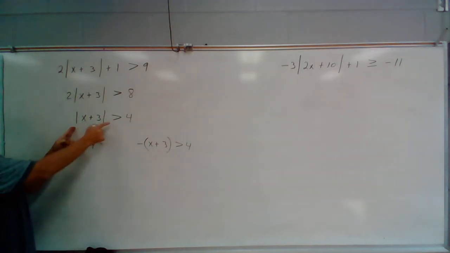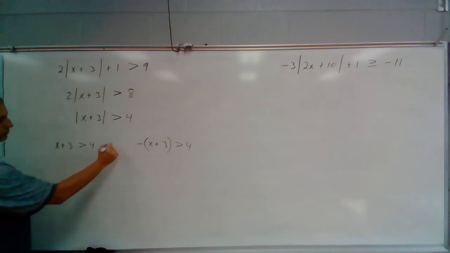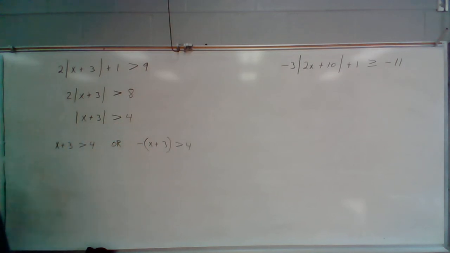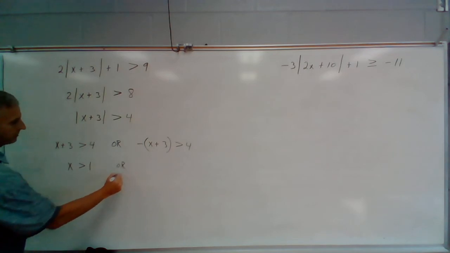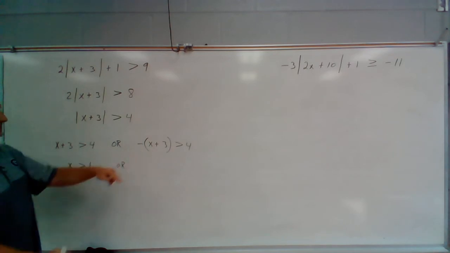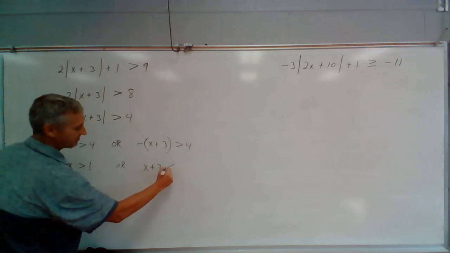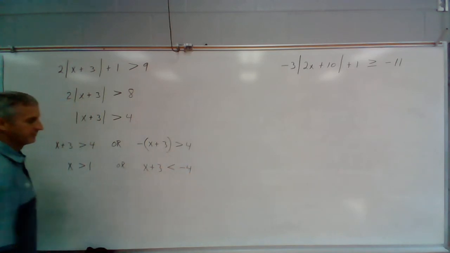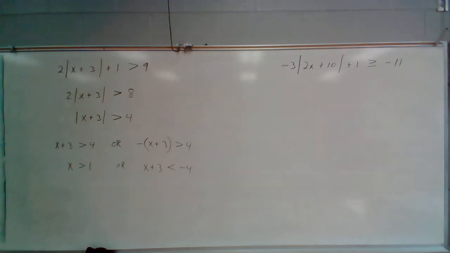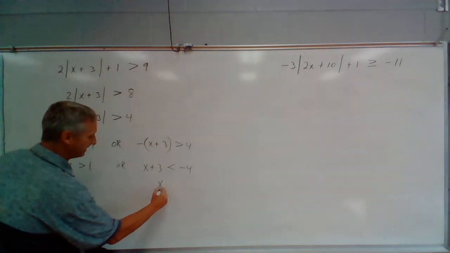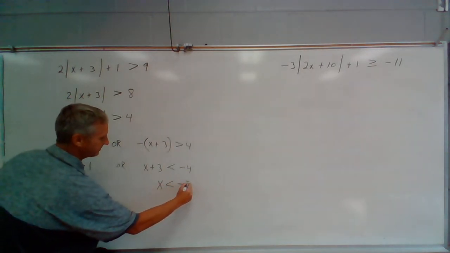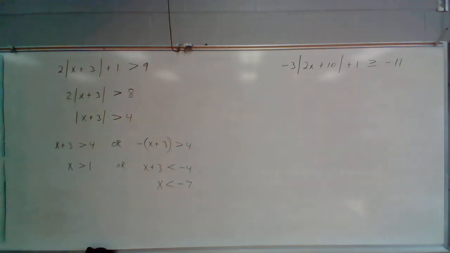Absolute value of x plus 3 is greater than, so this will be an "or" statement. All right, subtract 3 from both sides and I get x is greater than 1. Or multiply both sides by negative 1 and I will get x plus 3. Remember to change the way that points. Subtract 3 from both sides and I get x is less than negative 7.